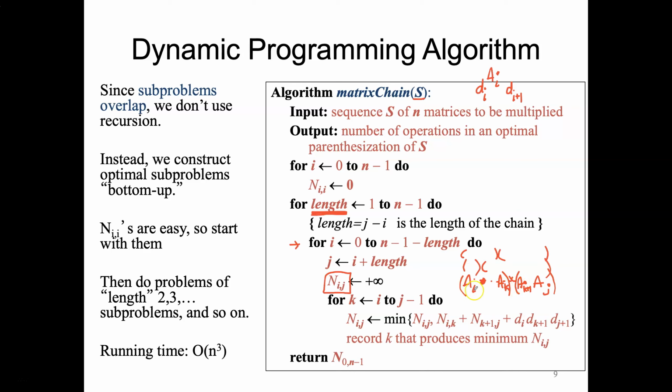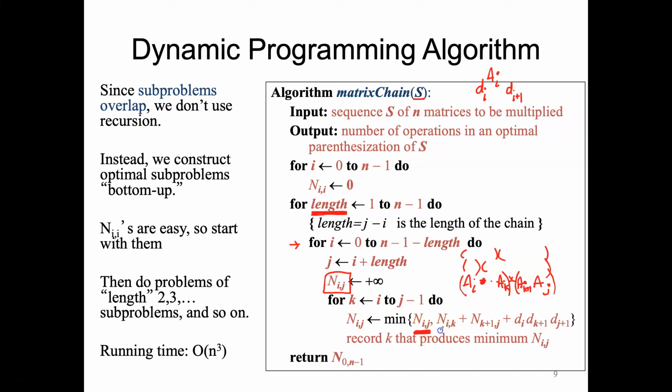And we're not sure where it should be, so we're going to try all possible options of where we could do this last multiplication, from i all the way up until right before j, and compute between all of those different options the better of whatever we had before, if we had already recorded even fewer scalar operations using some other k value, or if we find something better.